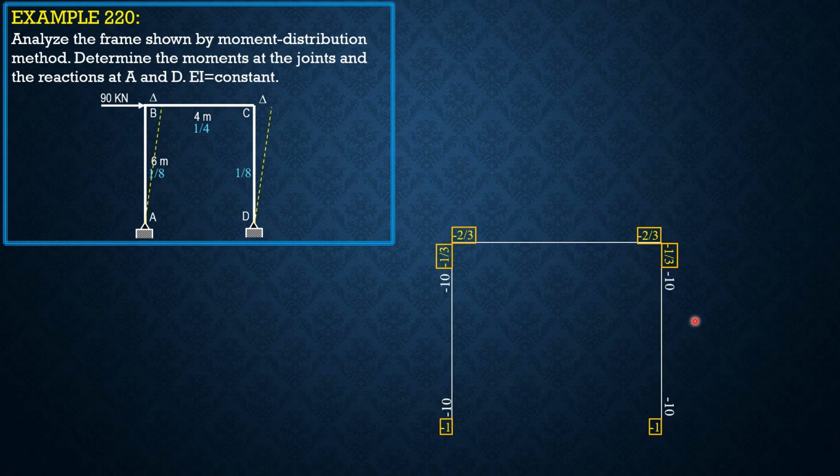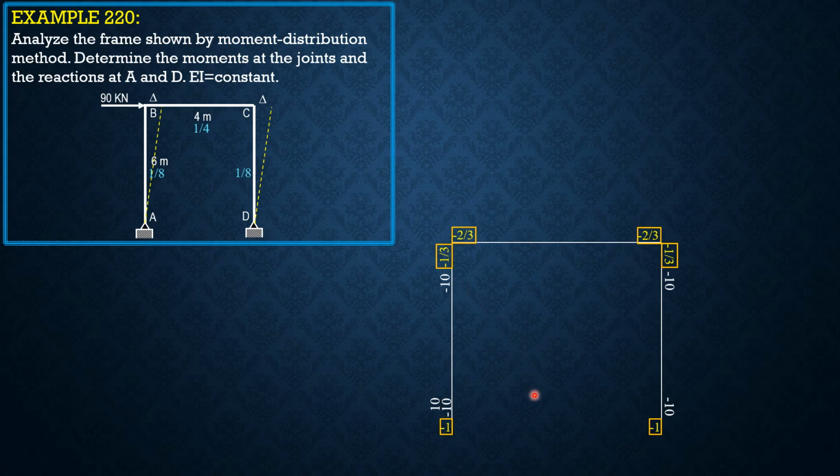You can make it -20 if you want, -30, as long as they are equal. So I'll just assume -10. You can make it -100 if you want, but I choose -10 so that the initial moment would be smaller.